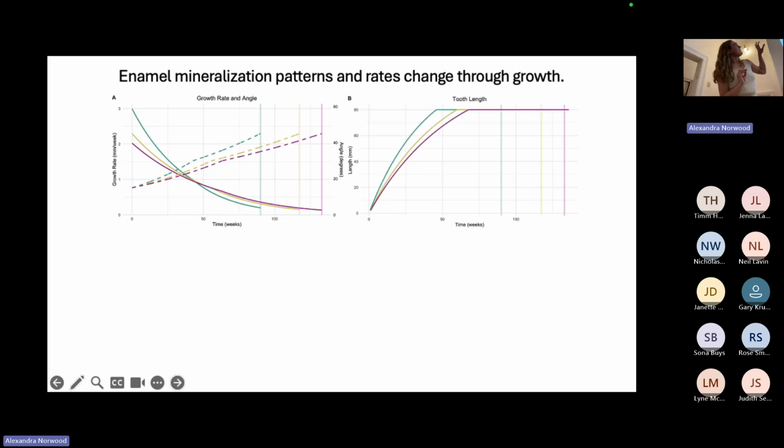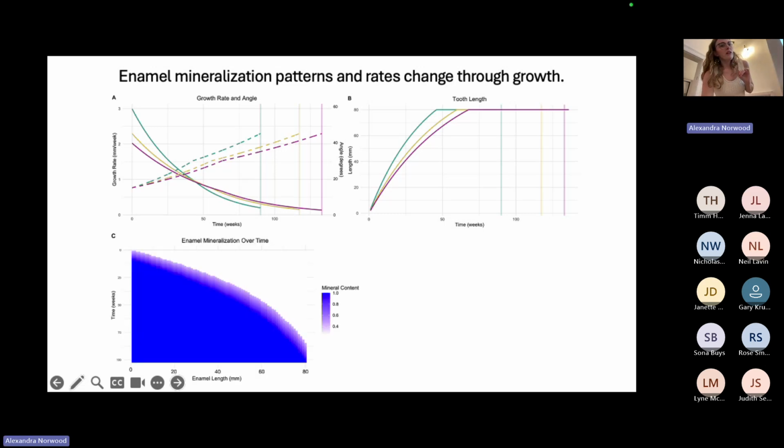This is just a graph to show you the consequence of that changing growth rate through time. This is tooth length. So you can see that it starts off increasing quite rapidly, then tapers off until it reaches the maximum length. This figure is showing you the amount of enamel that has grown for any specific part of the tooth.